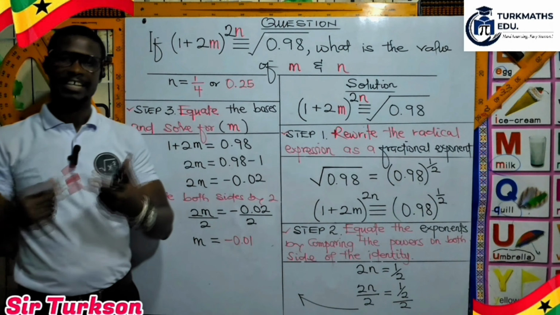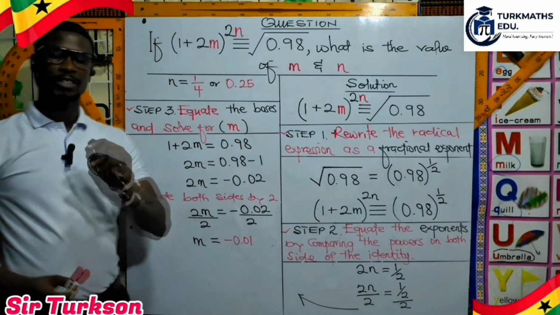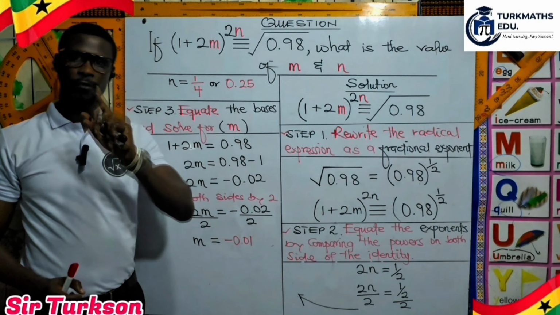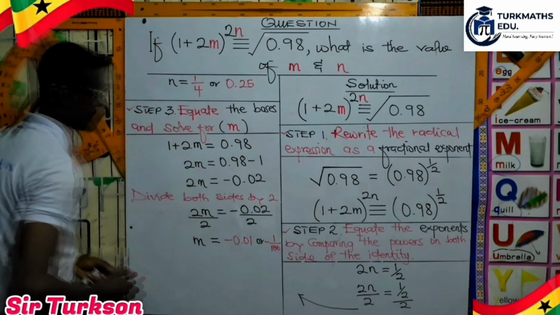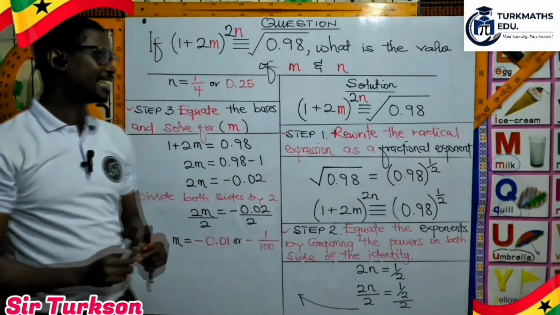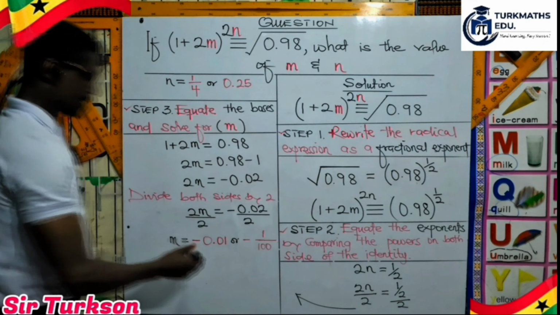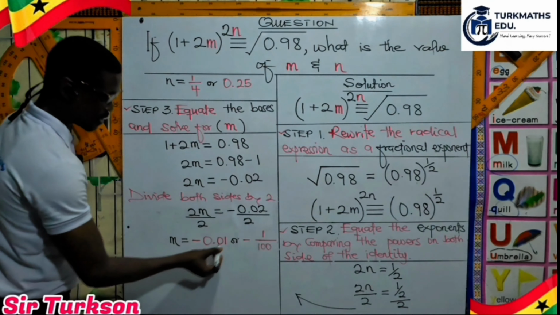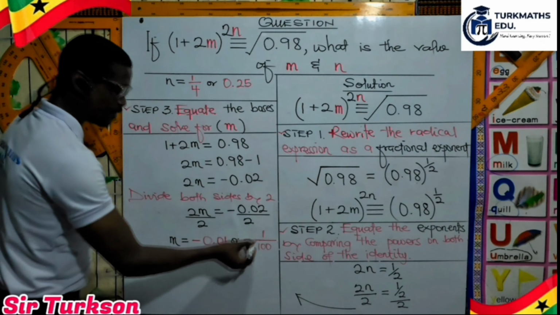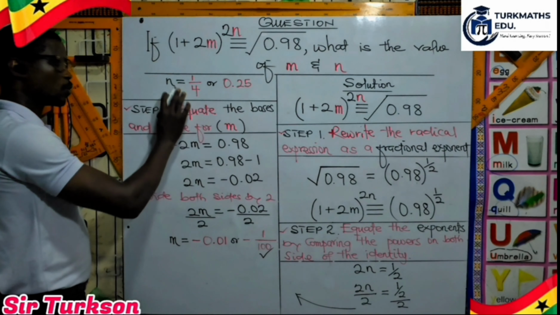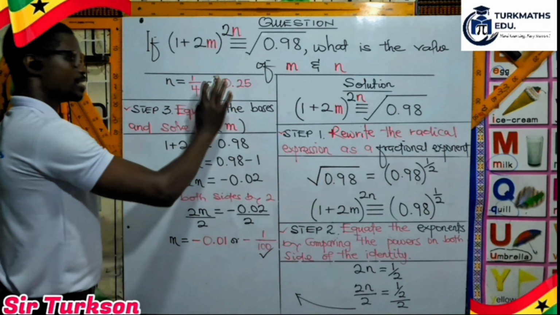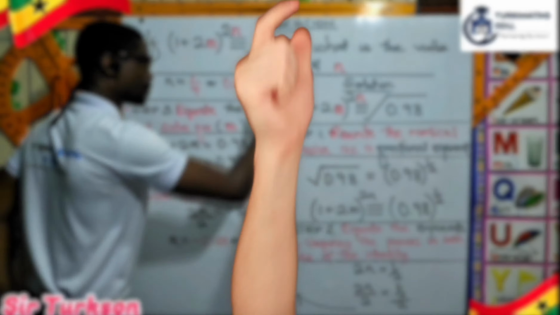We can also write it in the form of a fraction as negative 1 out of 100. So now we can conclude here that n is negative 0.01, or negative 1 out of 100, and n is equal to 1 out of 4, or 0.25.